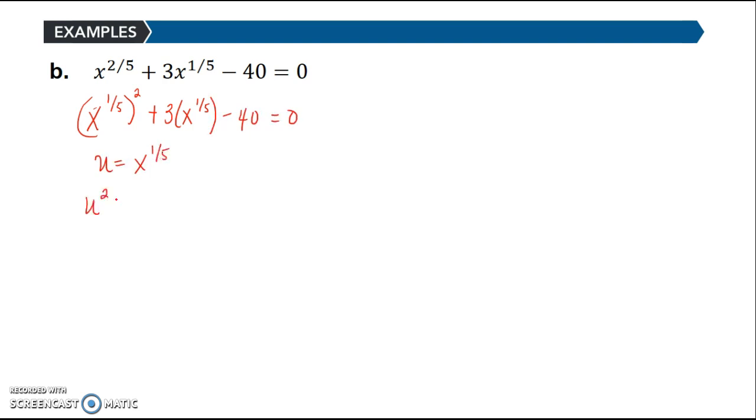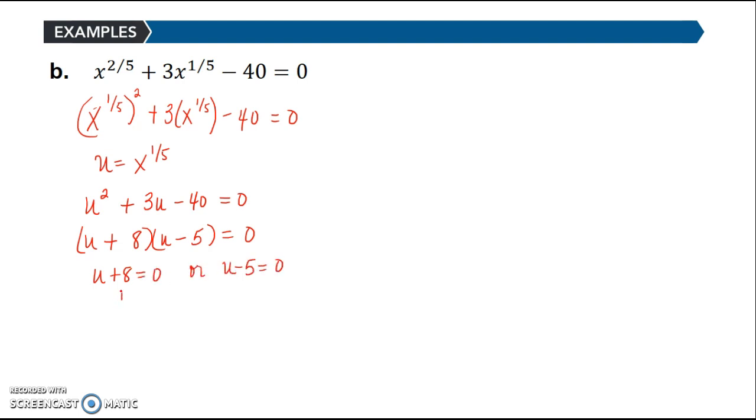So I get u squared plus 3u minus 40 equals 0. Factoring, the factors of 40, whose difference is 3, are 8 and 5, plus on the larger, minus on the smaller. So setting those equal to 0, I get that u is equal to negative 8, or u is equal to 5.